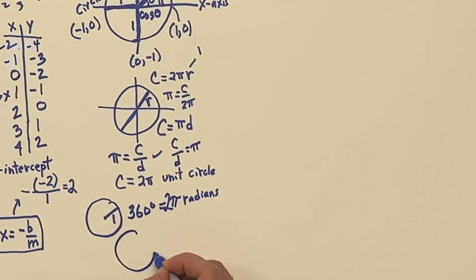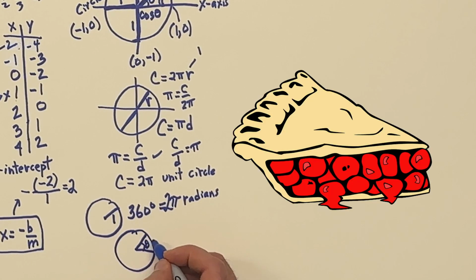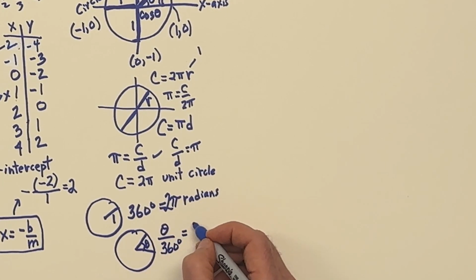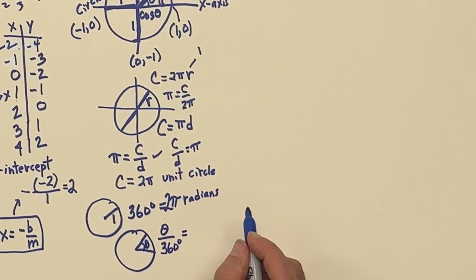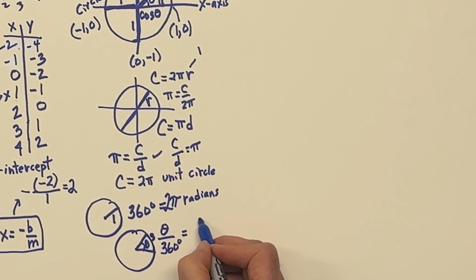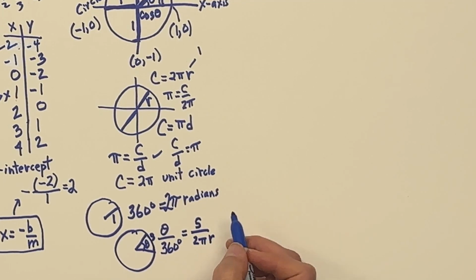So if we look at a piece of the circle where we have this angle theta, then theta divided by 360 would be equal to the arc length s over 2 pi r.